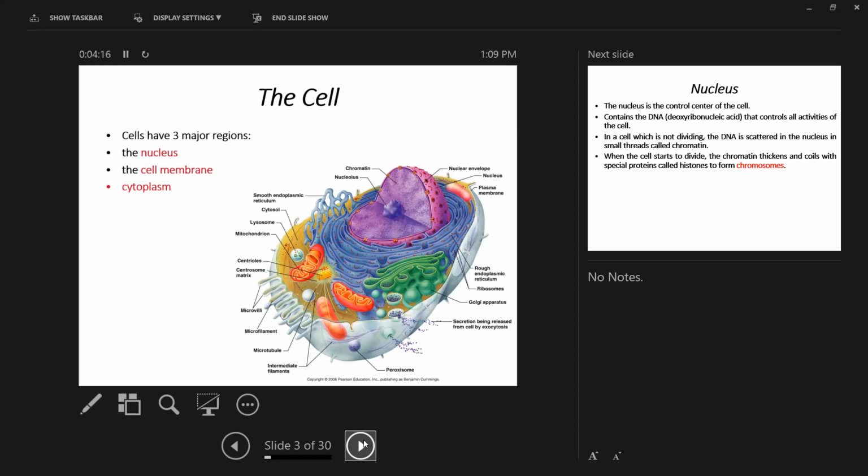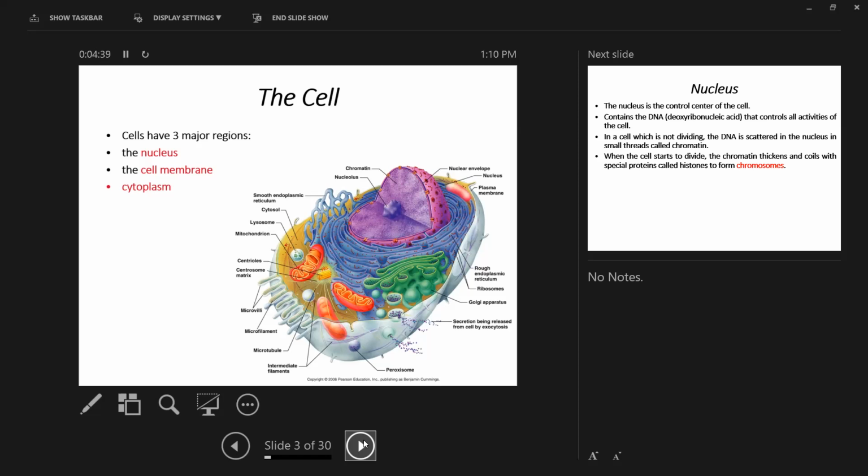The cell membrane, which is the outer barrier of the cell to protect us from the outside environment. And then the cytoplasm, where all the internal structures are embedded. Those little things called organelles that function like little organs. They're not living cells, but they're structures within the cell.